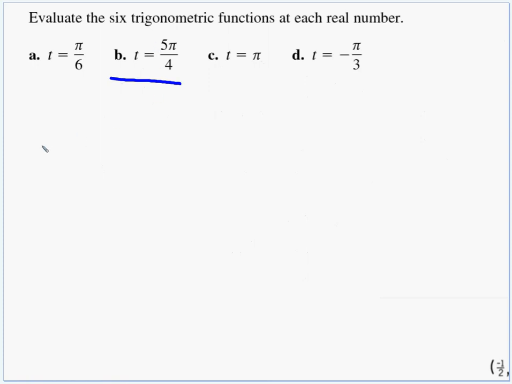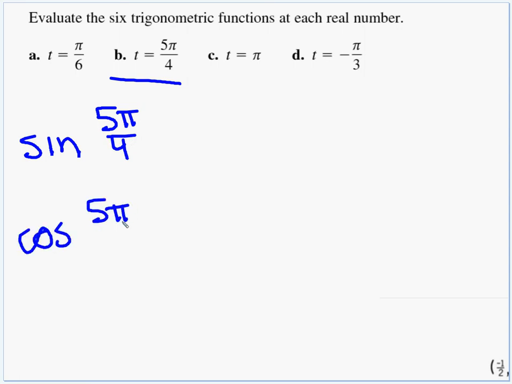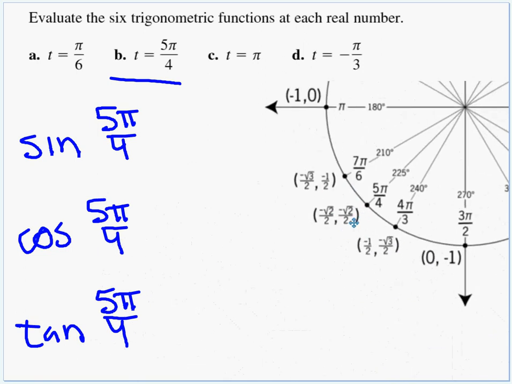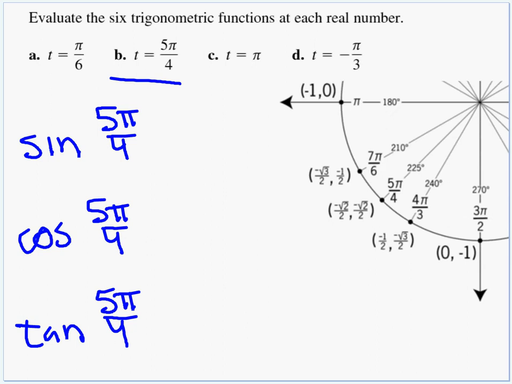Letter B, we're going to do the sine at 5 pi over 4, cos at 5 pi over 4, and the tan there also. Unit circle comes out, and let's look for 5 pi over 4. Here it is. We're down here in quad 3.